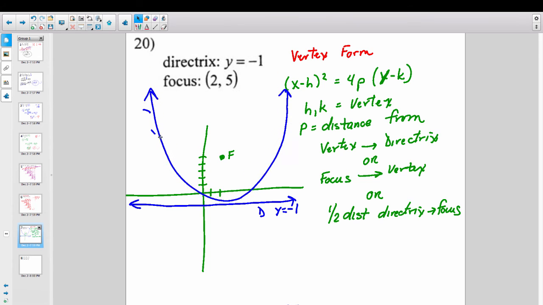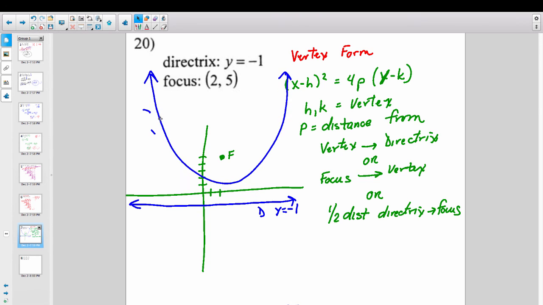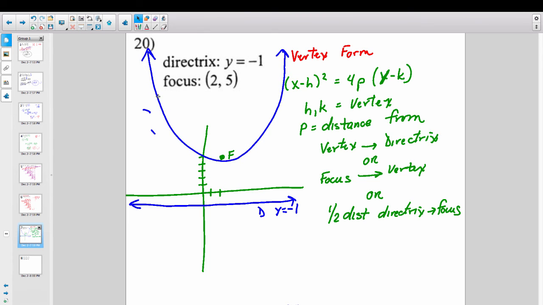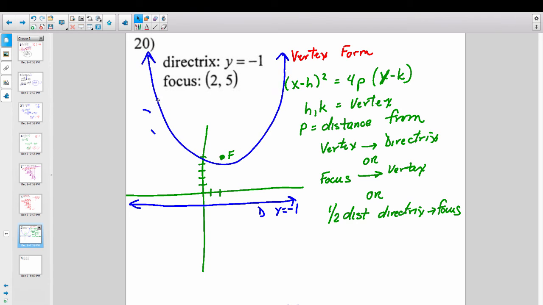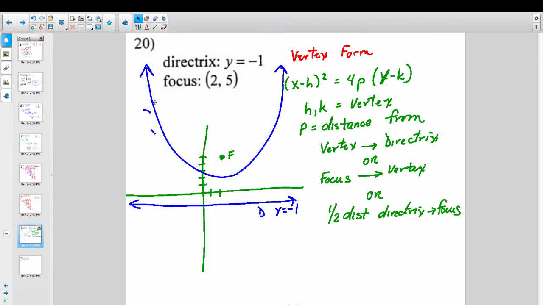So I'm thinking if this is 1, 2, 3, 4, 5, 6. If the distance here is 6, I'm going to go 3 down. And right there, I'm going to place my vertex. Like that. And this distance is P, and so is this distance. They're the same. So how much is that distance? It's 3. Is it positive or negative? It's positive because the parabola opens upward.